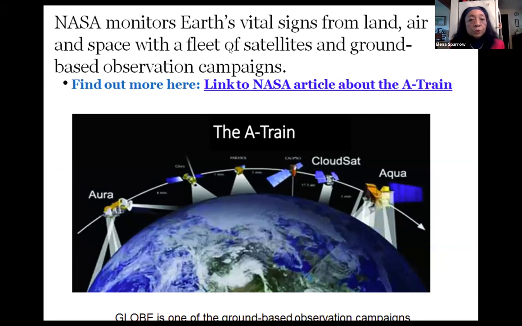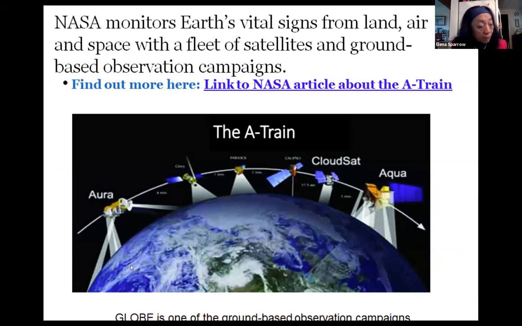It's good for student studies, but also in providing ground-based observations to validate the remotely sensed data gathered by the many satellites of NASA. This slide shows the A-Train, short for the Afternoon Train. There are many satellites: Aqua, CloudSat, Calypso, Parasol, Aura.